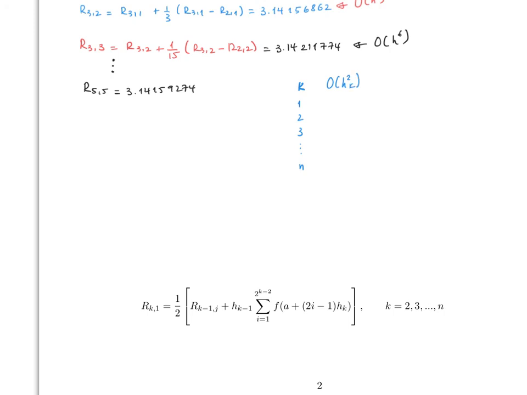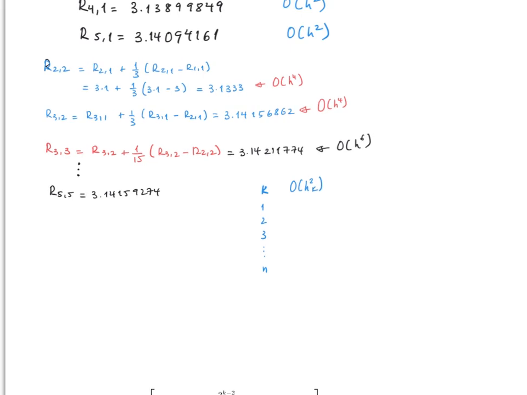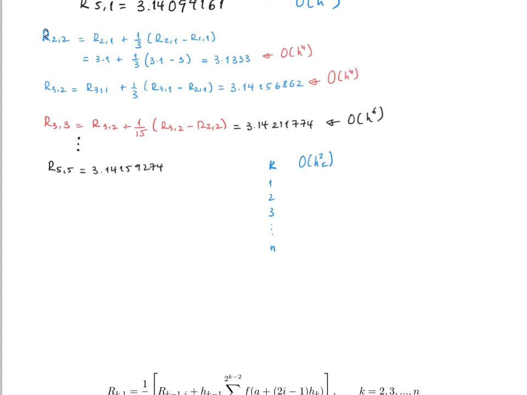The reason why you have the k here is because the h at every step is not the same, and by that I mean this. Even though all of these are O of h squared, notice that the value for h in this case is not the same thing as this case, so you just have to be aware of that. So that's why we need the subscript k there.